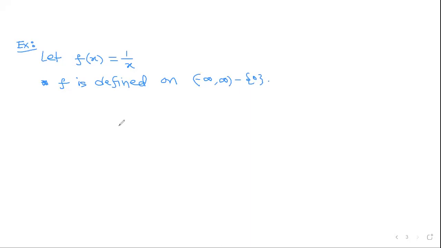Now, firstly the function is defined everywhere except the origin. We can think of the real line, the x-axis, and here the origin, where the function f(x) is not defined.